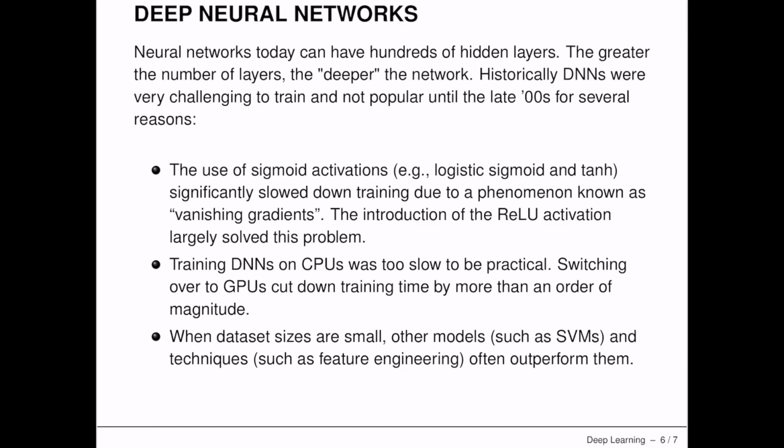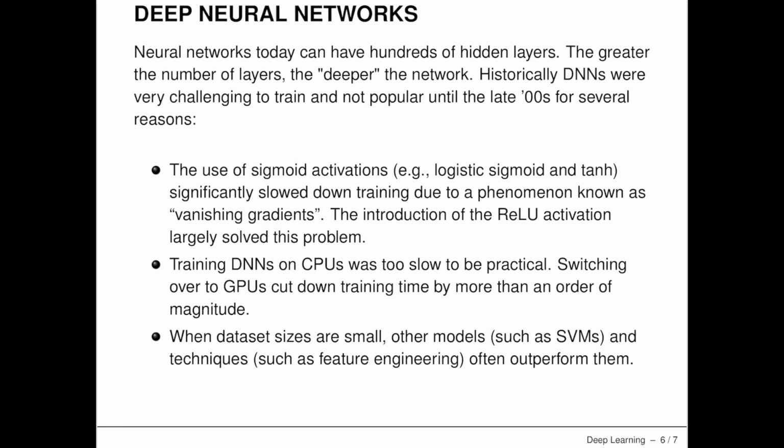This is because of several reasons. Before, mainly the sigmoid activation function was used, which can slow down the training due to a phenomenon known as vanishing gradients. The introduction of ReLU activation functions helped a lot for this problem.